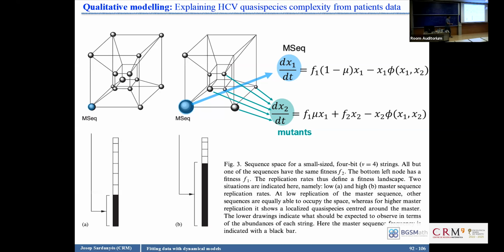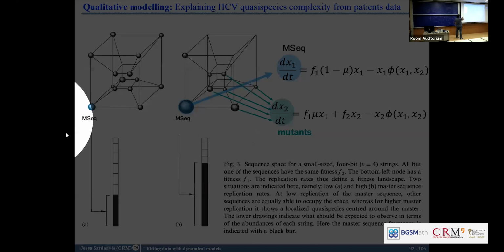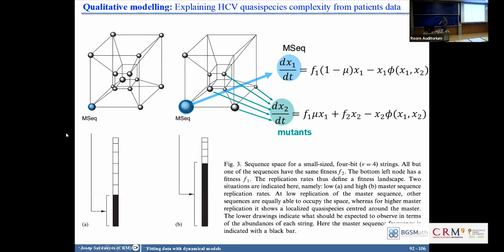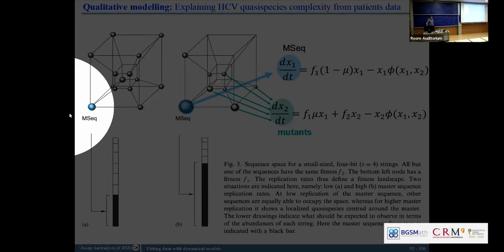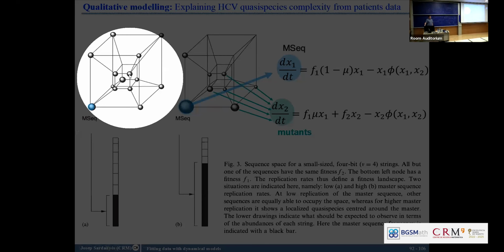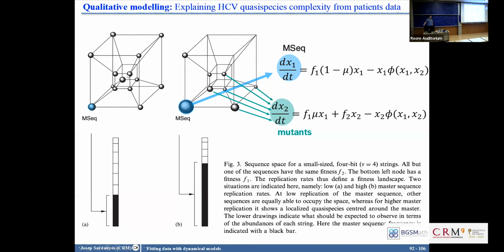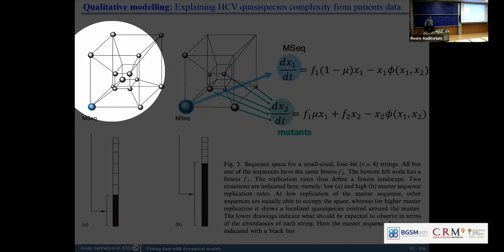So our conjecture is, in the patients with low viral load, that we have more quasi-species complexity, the master sequence has mutated and replicated a lot and is occupying a lot of nodes of the sequence space.